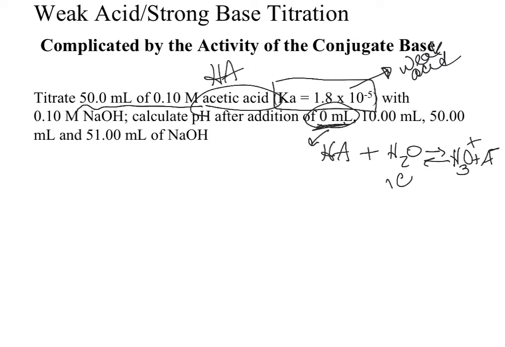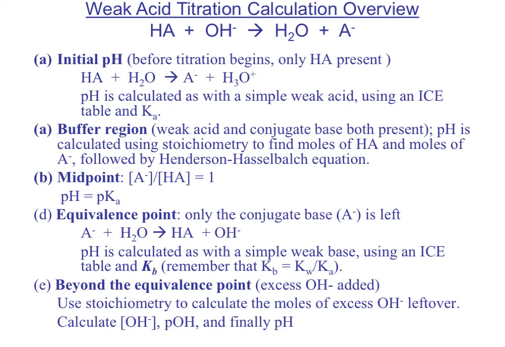Okay, so this is when you need the ice table to figure out how much hydronium has been formed. I probably should have had this slide before the one I just went over. This is a summary of how you find pH at every step of a weak acid titration. This might be a good slide to either take good notes on or print it out.